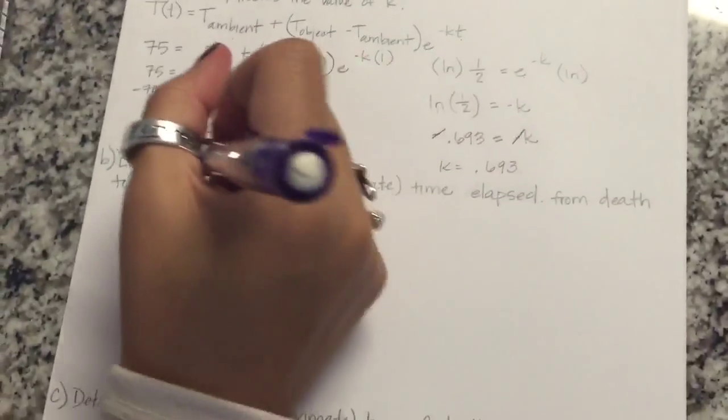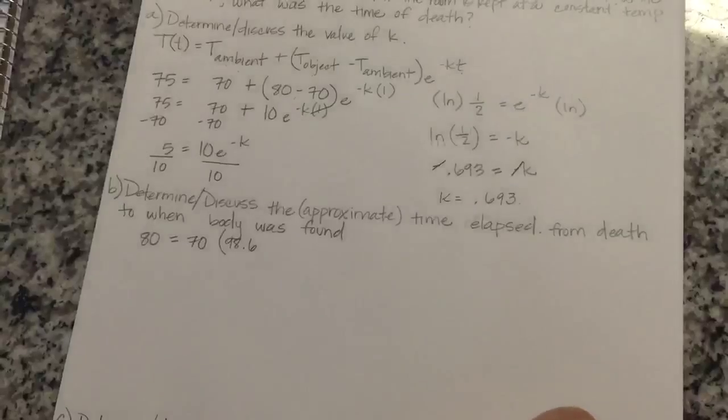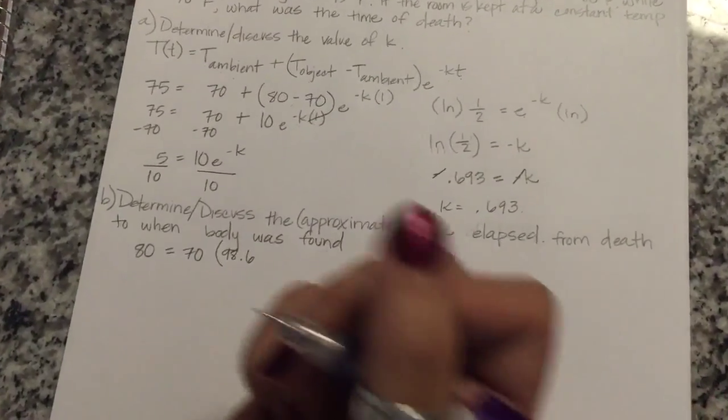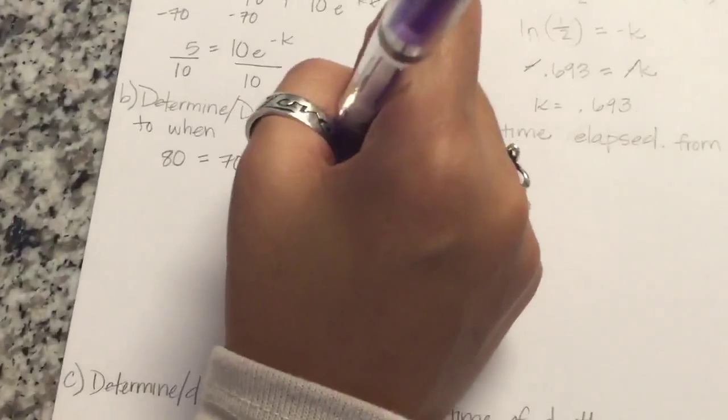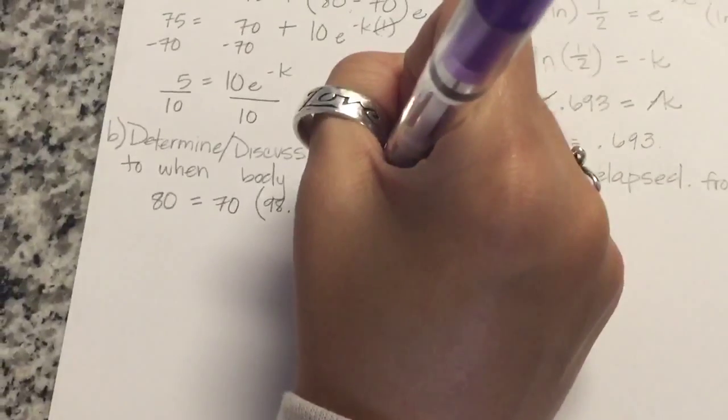And then we're going to use 98.6 because this is the standard body temperature for an alive human being, and we're gonna subtract from 70.